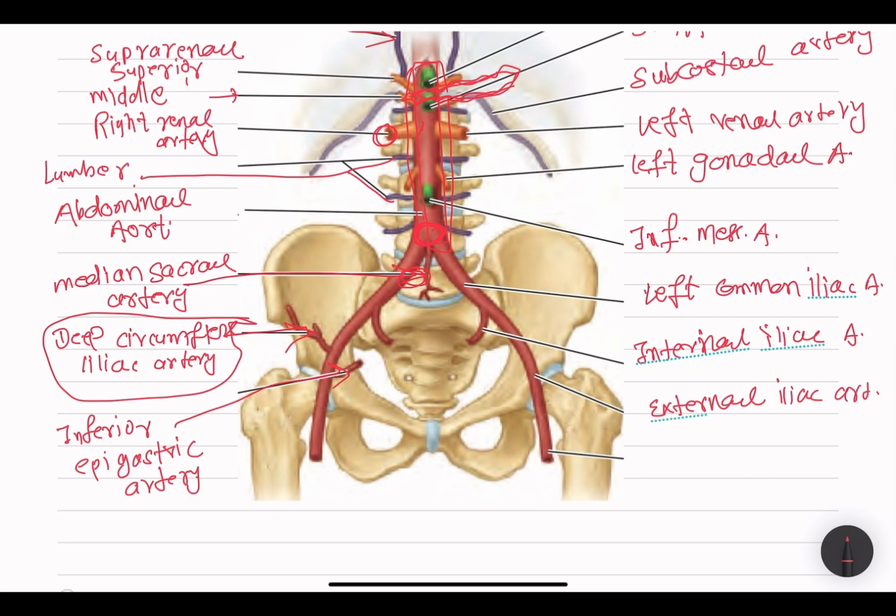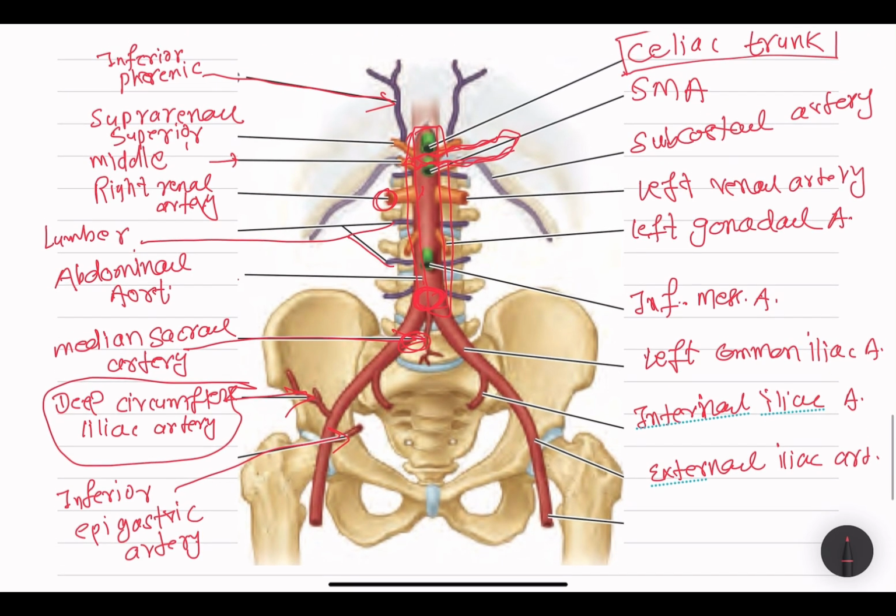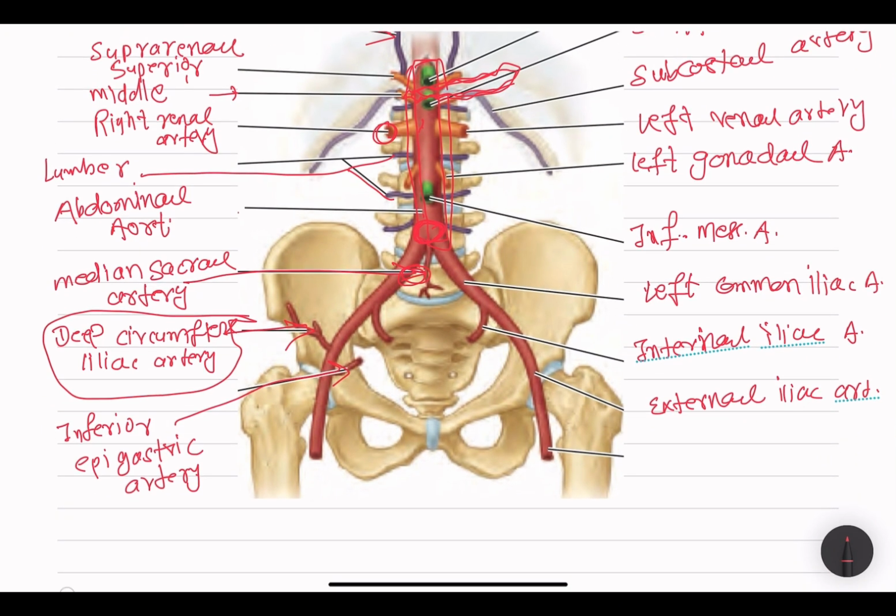So remember this diagram. Sometimes in the exam they give this diagram and tell you to write the names of the arteries, so you have to understand. And last, this is the femoral artery.